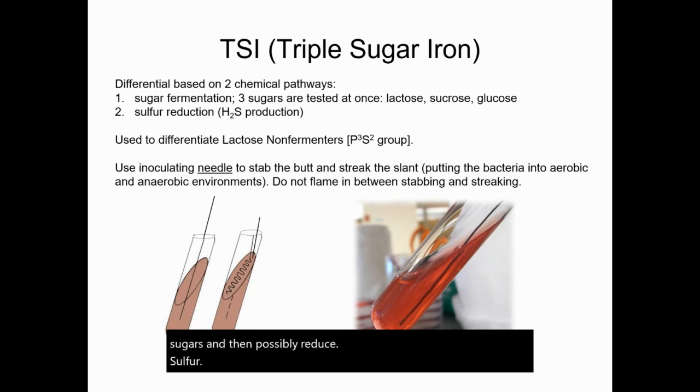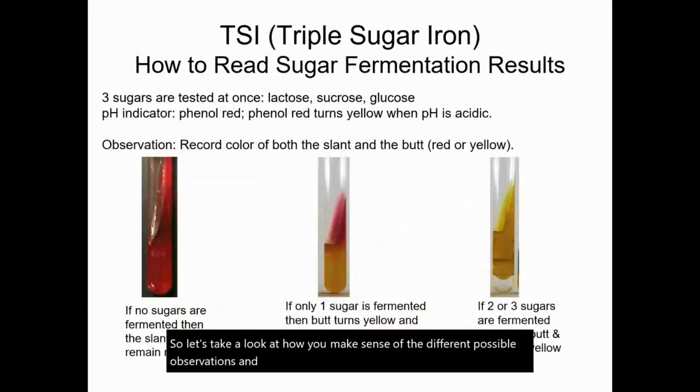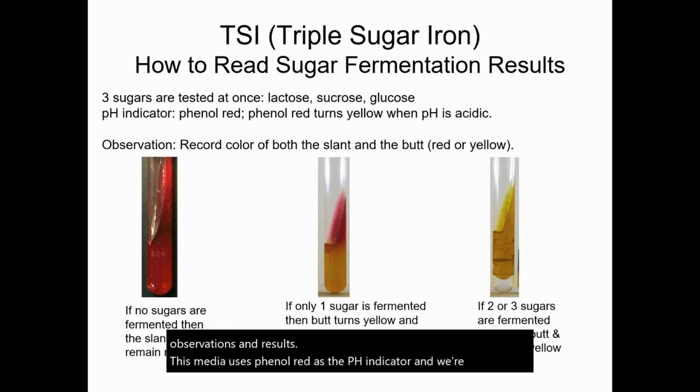So let's take a look at how you make sense of the different possible observations and results. So this media uses phenol red as the pH indicator. And we're pretty familiar with this pH indicator at this point.